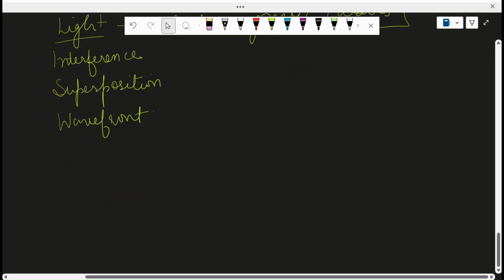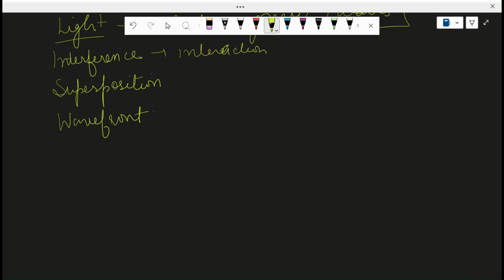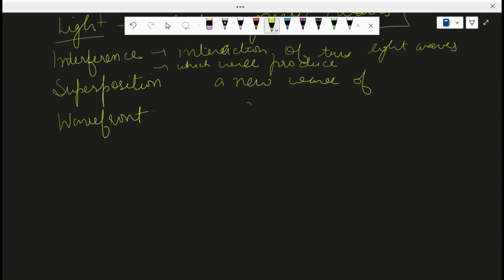So what is interference? Interference is nothing but the interaction of two light waves, which will produce a new wave of different intensity.